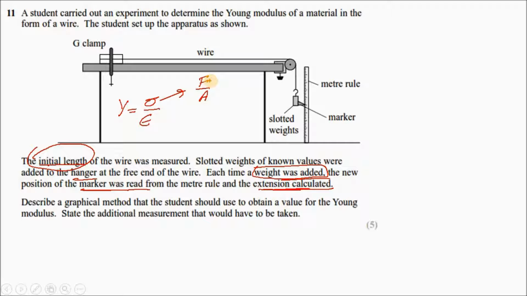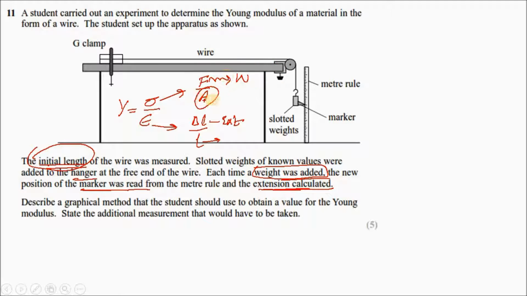And this force we can find from the hanging weight W, and this strain is delta L over L. So delta L is the extension and length L is the original length which is measured. So the only thing that we need for Young modulus is area.